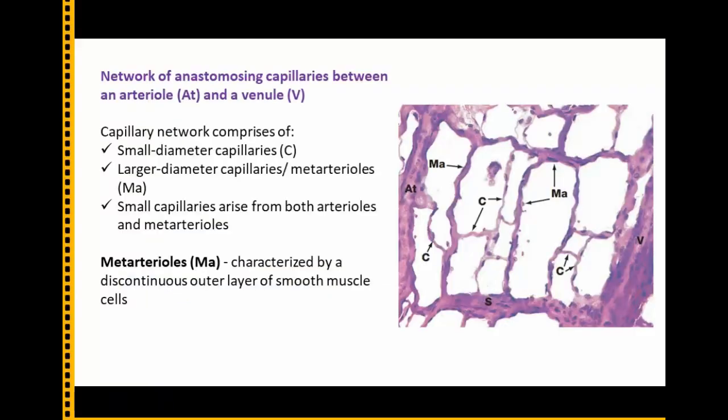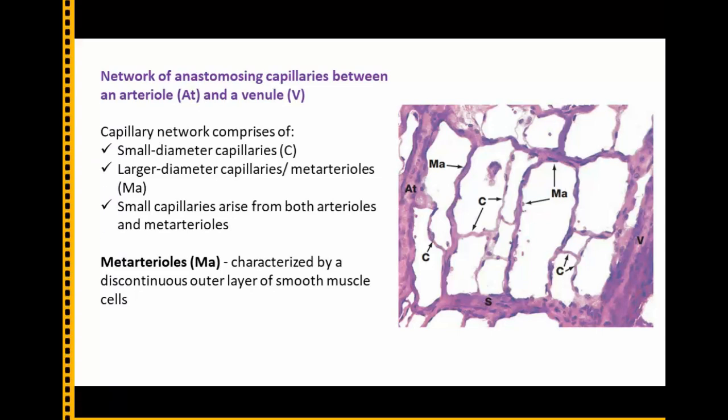This one is a network of capillaries. You can see these small ones are the capillaries. This capillary network comprises capillaries, meta-arterioles and small capillaries that arise from arterioles and meta-arterioles.